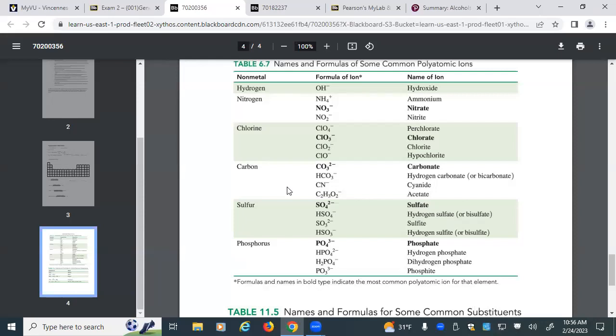Now that everything's past due, you can go back through your quizzes, you can go back through the study modules and revisit all of this chapter 6 stuff again as well.